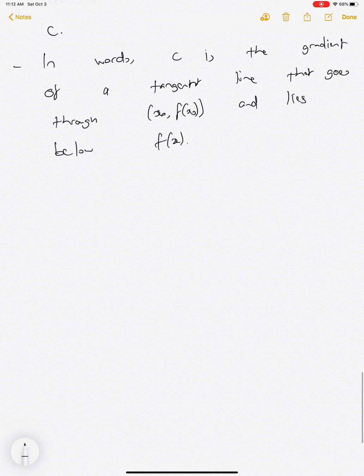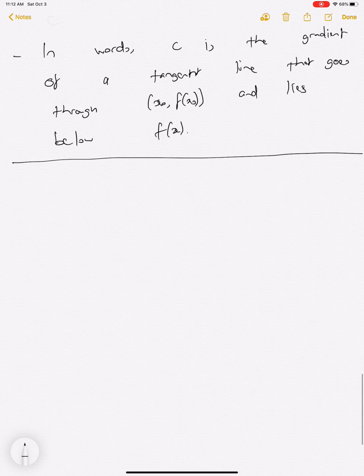So let's refer back to this example 3. f of x equals the absolute value of x.